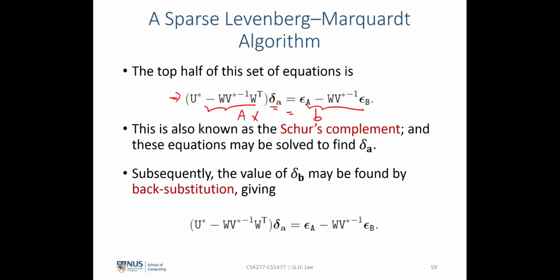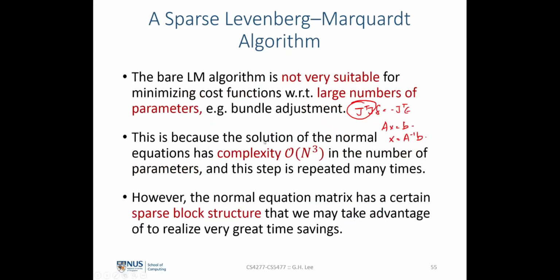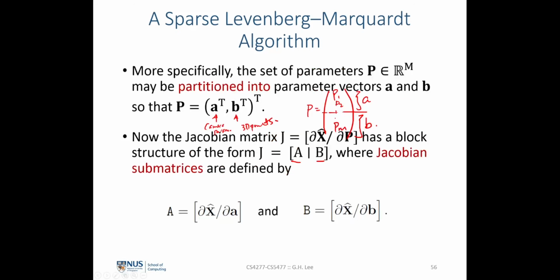If we compare this with the original normal equation over here, now we have a smaller block of x to solve for, because the x over here is the original parameter which consists of the parameters of A and B. That means that it's actually delta A and delta B altogether.